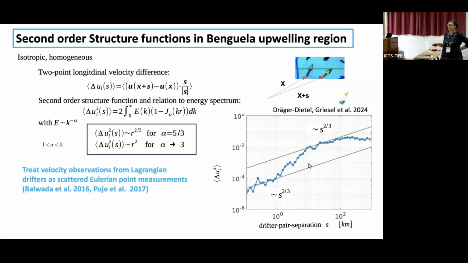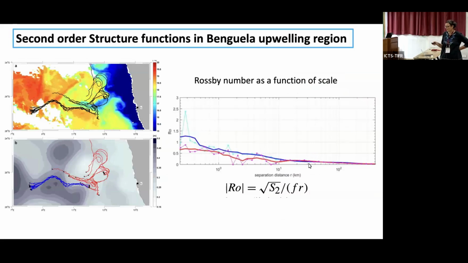And you do see two regimes, where you have a scaling of r to the power of 2/3 for smaller scales, and then again one for larger scales. But then there's this transition zone where you have a steeper transition.